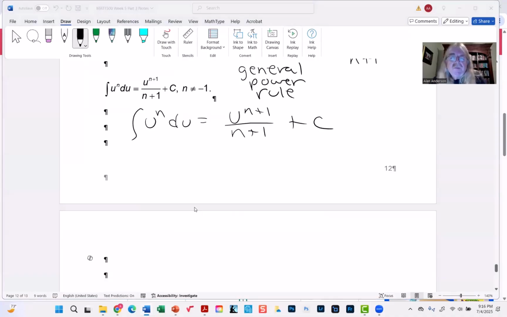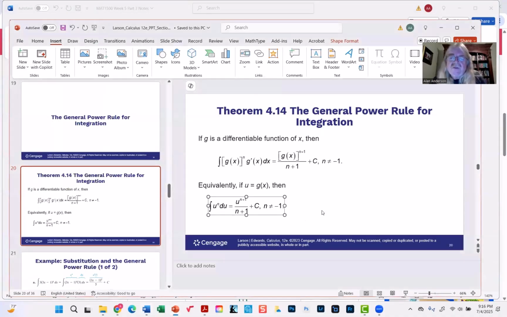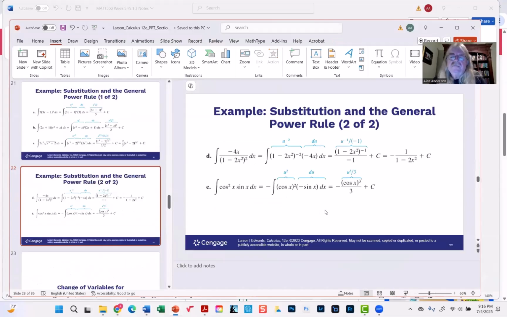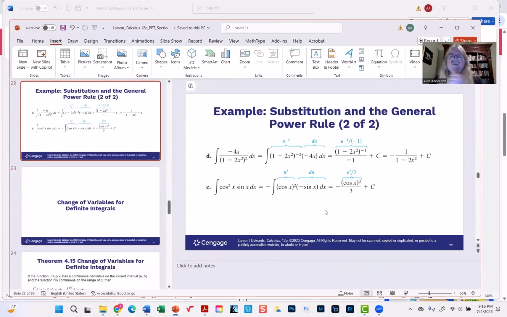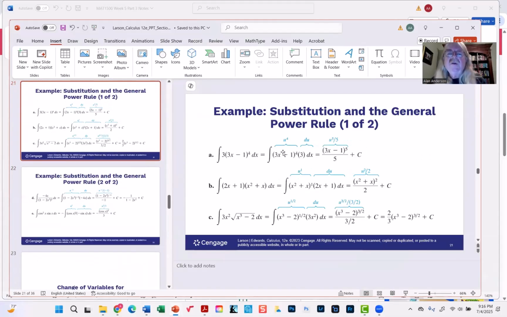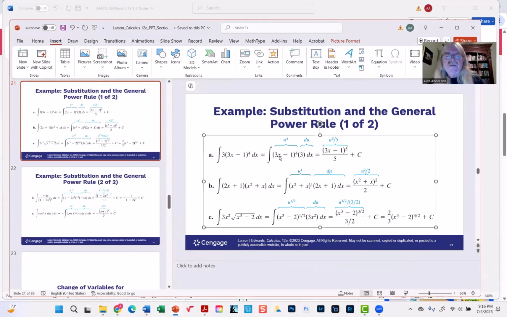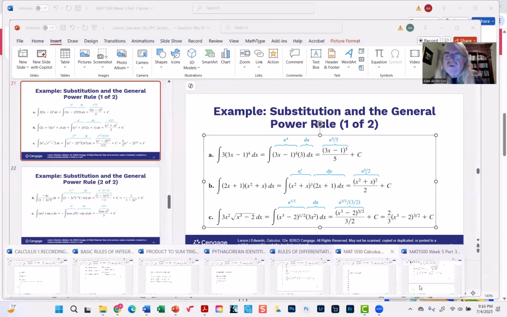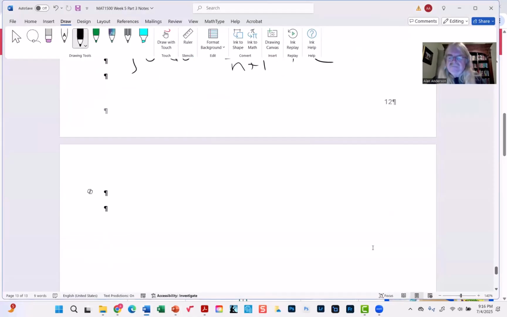By the way, we've already taken advantage of this a few times in some of these examples. Ooh, here's a nice messy one. Oh, here's some more. Oh my God, look at all of these. Well, of course, we need practice.